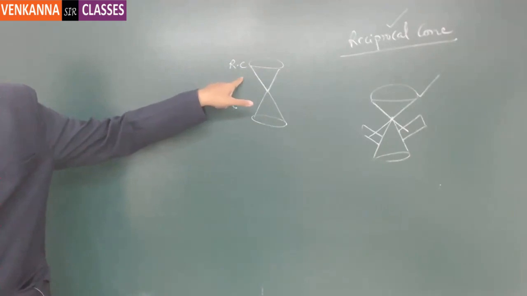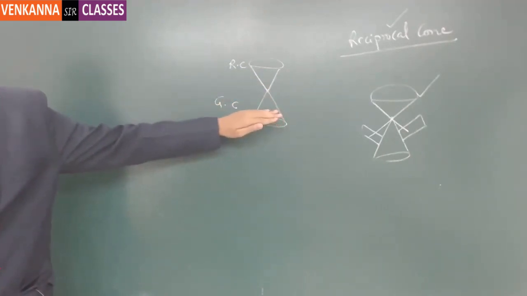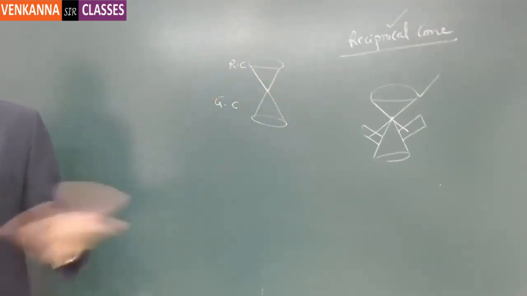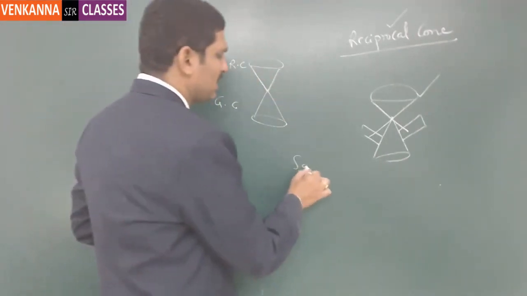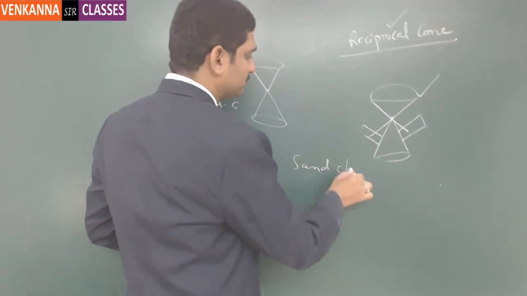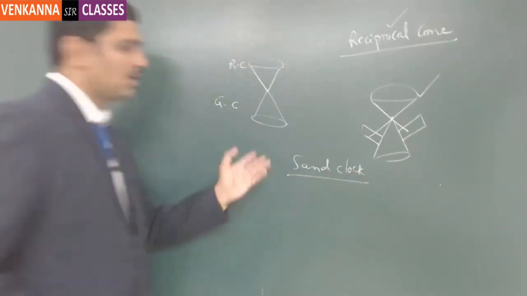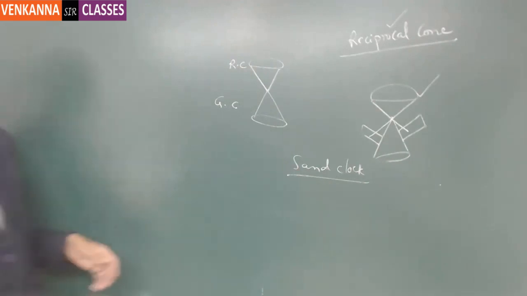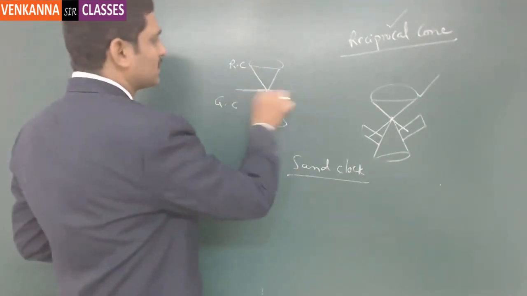So for every tangent plane of the given cone, you can find one respective generator for the reciprocal cone. The best example is, you can imagine an hourglass, the sand clock, for reciprocal cone visualization, and they both share the common vertex.